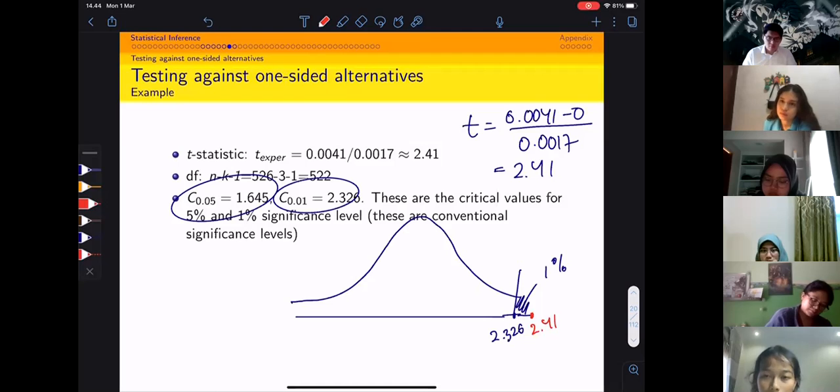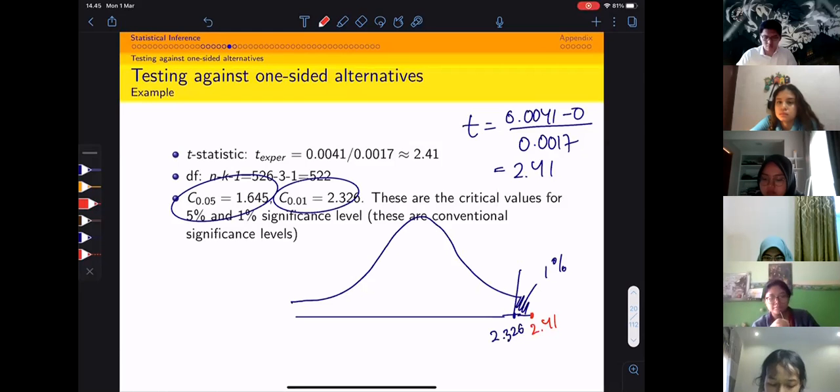So the t statistic for the estimated coefficient is 2.41, which is still larger than the critical value at the 1% significance level. And so what you can conclude is that years of working experience has a significant and positive effect on hourly wages at the 1% significance level. That's how you conclude given the evidence or the data that you have.